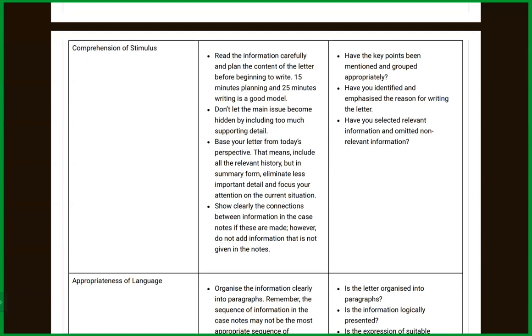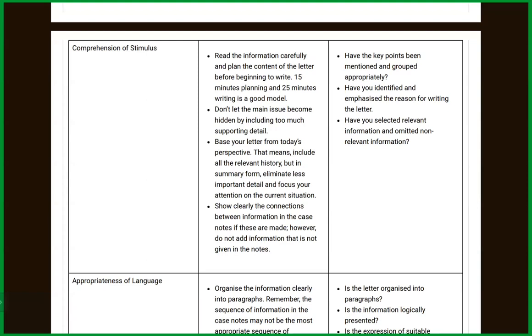In that reading time, you are not allowed to touch your pen, pencil, or any equipment. Simply read the case note and plan the content before beginning to write. And 40 minutes to write your letter. That is the overall time.